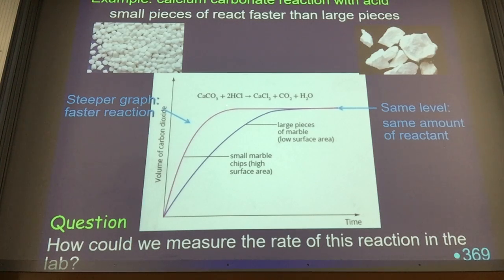Just think about what's going to be happening if you chuck some calcium carbonate into a beaker of HCl. What's going to happen? Carbon dioxide gas is going to be produced. What happens to that gas? It escapes into the atmosphere. You can measure how the mass of the beaker decreases, because the reason why it decreases is because it's losing carbon dioxide.